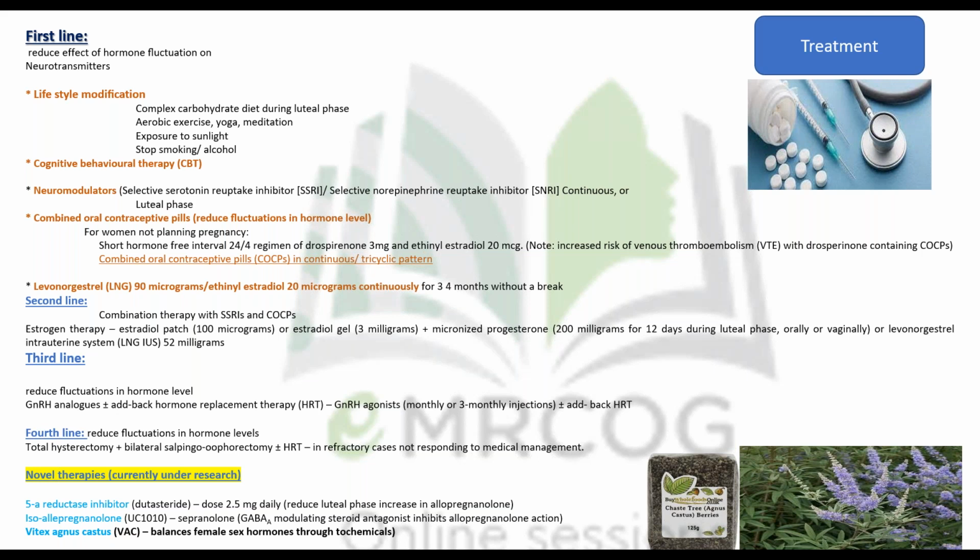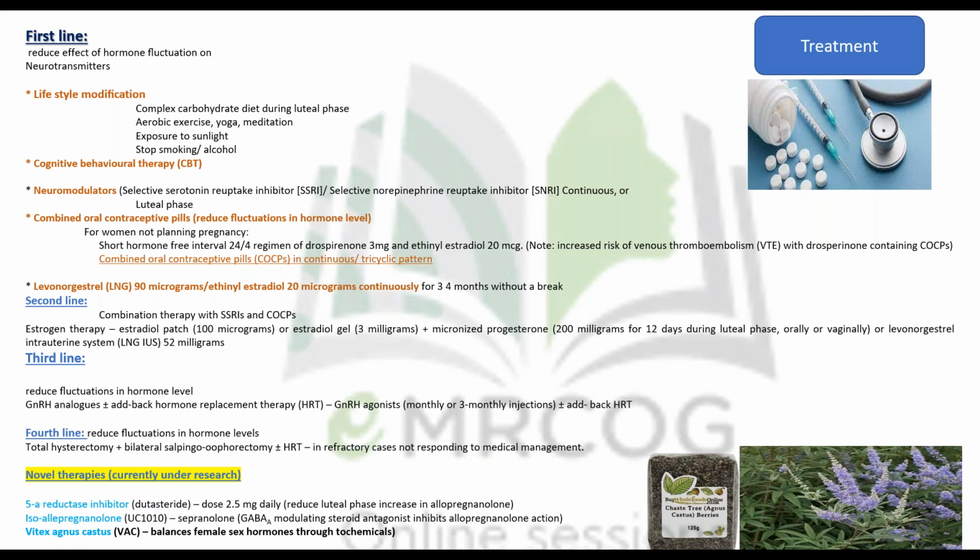Mood induction, stress reduction. So this can be done by use of the selective serotonin reuptake inhibitor, and even the norepinephrine reuptake inhibitor, the SNRI. So this is used in the first line therapy.